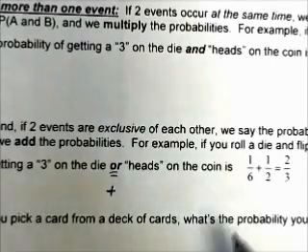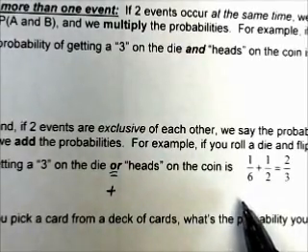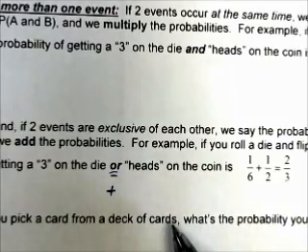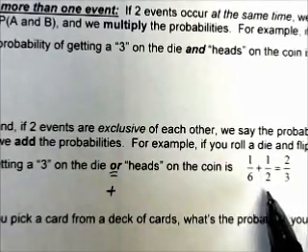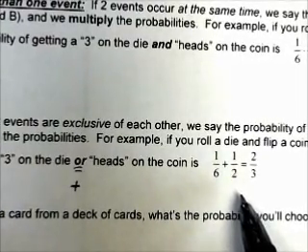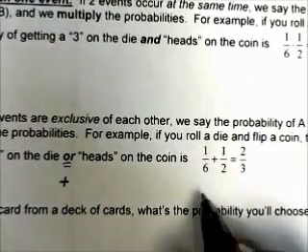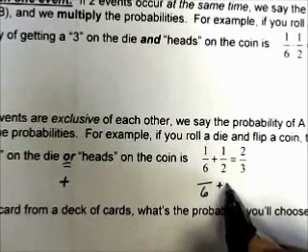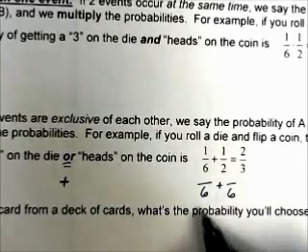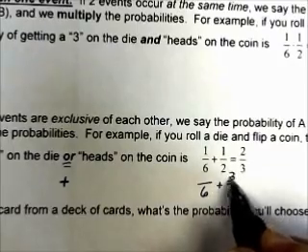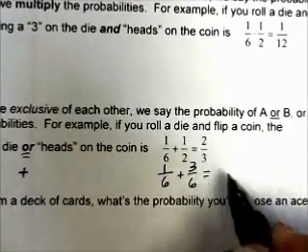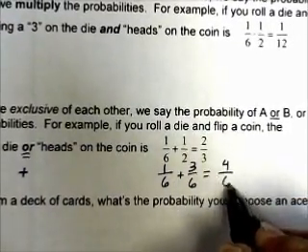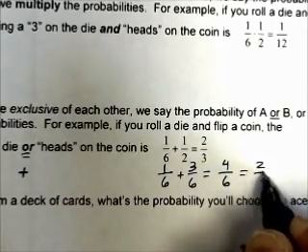The probability of getting a 3 on the die is 1 out of 6. The probability of getting a head on a coin is 1 out of 2, so we add 1/6 plus 1/2. Make sure you get a common denominator here. I know how you guys love fractions. All right, 1/2 is equivalent to 3/6, and we add, we get 4/6, which reduces to 2/3.